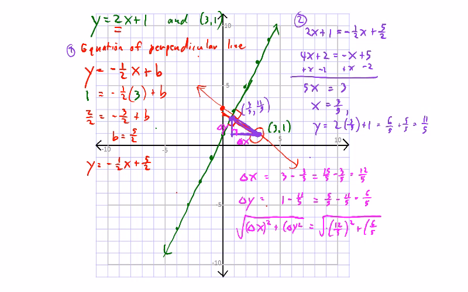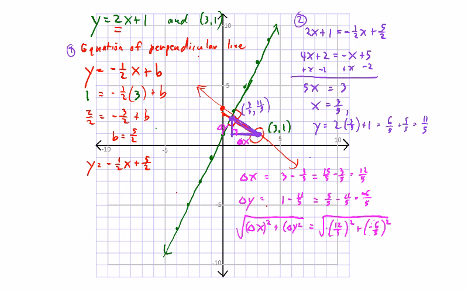Oh, I'm sorry, that should be negative 6/5 because the y value dropped. But that won't matter because we're going to square this quantity anyway. So when we square a negative value, it will be positive anyway. So what matters is that the size of the vertical side is 6/5 in length.